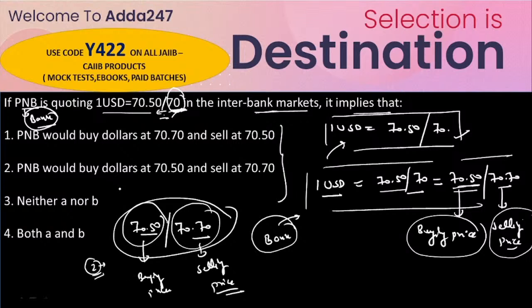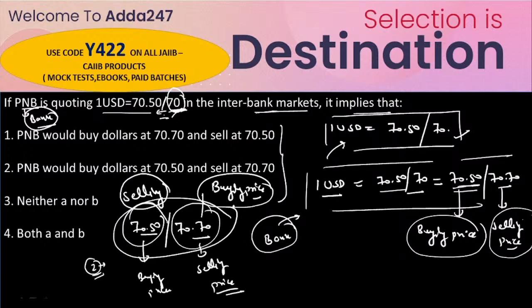That means for the customer this would be the selling price, and this would be the buying price. So you do not have to confuse between these terms.